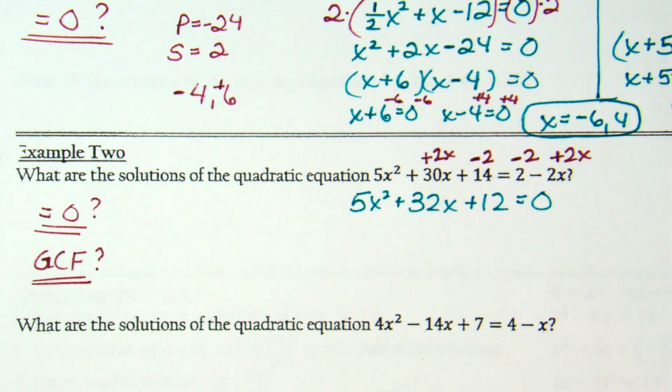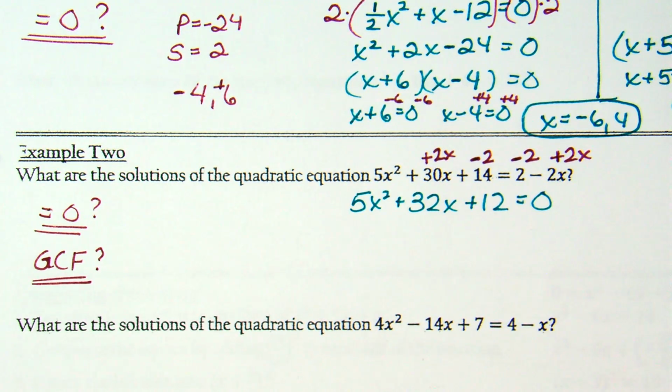Okay, what's my plan? How do I factor this? Find something that multiplies to be 12 and adds to be 32? Not exactly. It's not multiply to be 12.